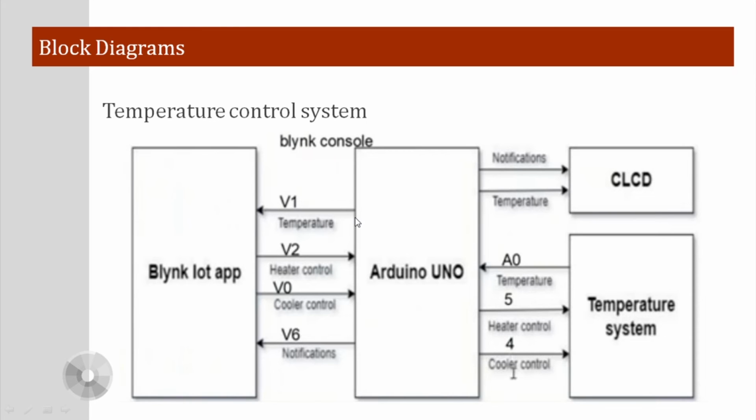And then another outlet is temperature, which displays the temperature on our mobile phone also. And then a notification is also sent to our mobile phone. Everything is done in our project. You can see all this in the demo video. So this is the block diagram, what we have done in the temperature control system, what the purpose is, and how it is done.